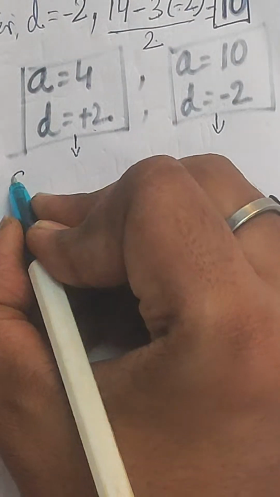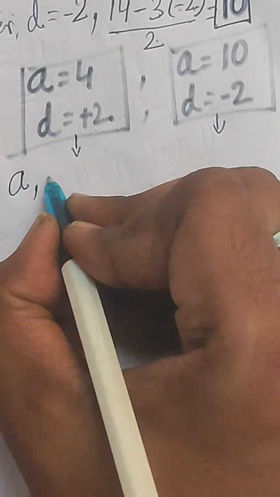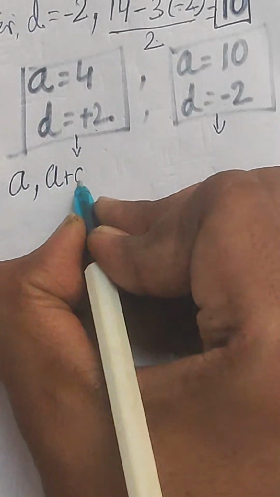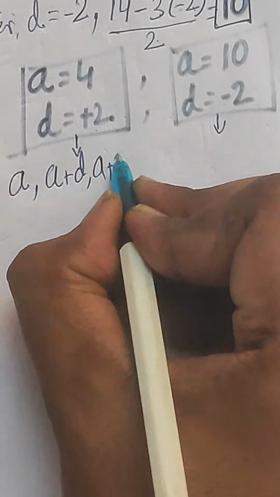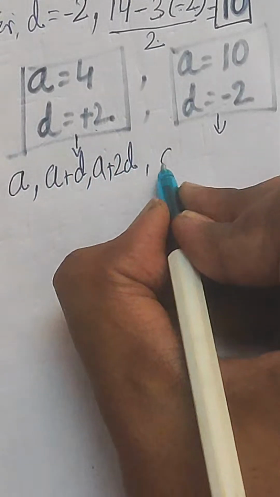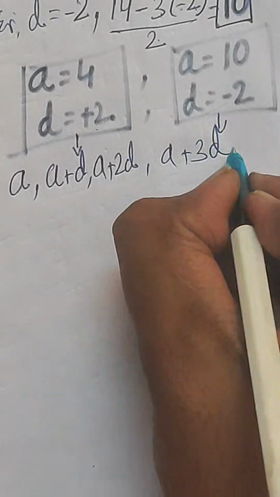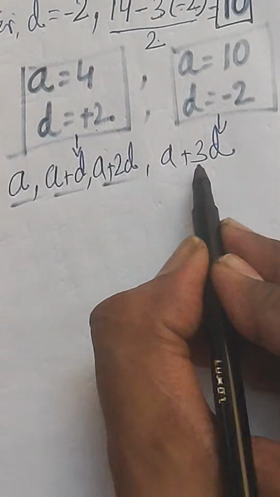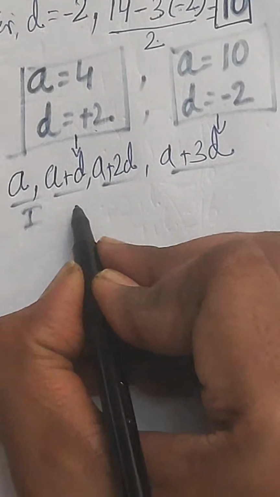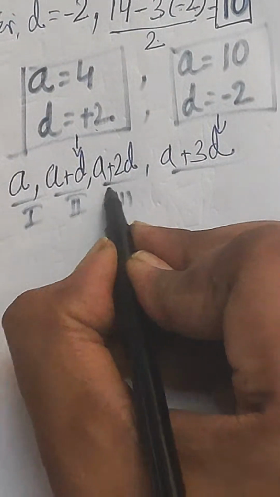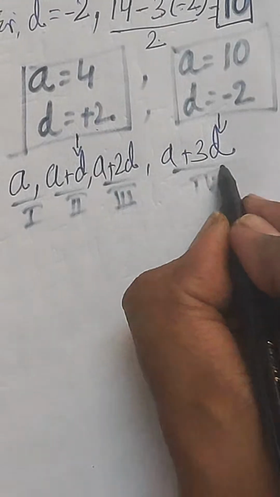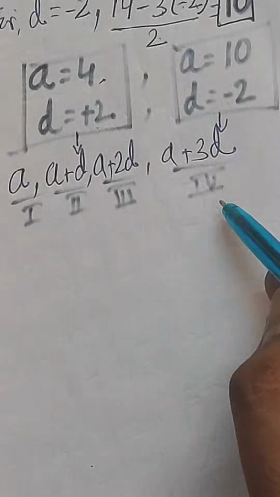So the four terms of AP are A, A plus D, A plus 2D, A plus 3D. So these are the four terms: 1, 2, 3, 4. So for these different values, we have two separate pairs of arithmetic progressions.